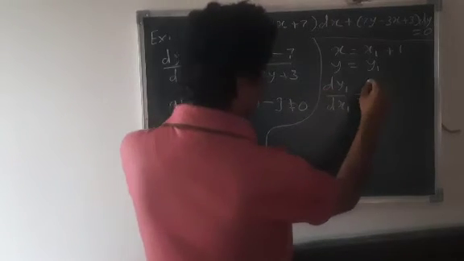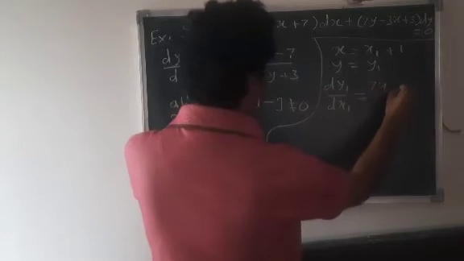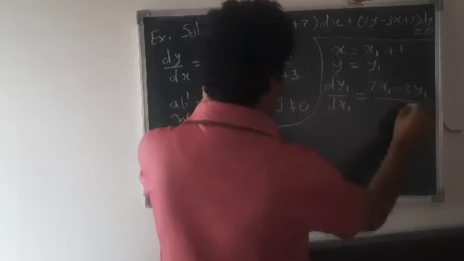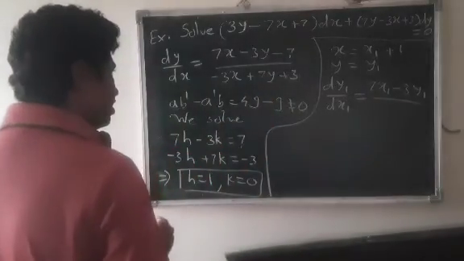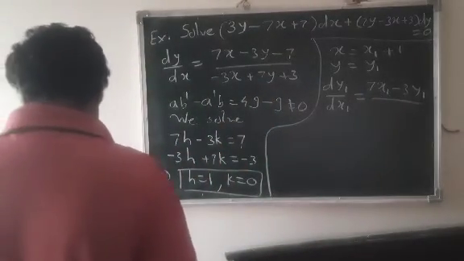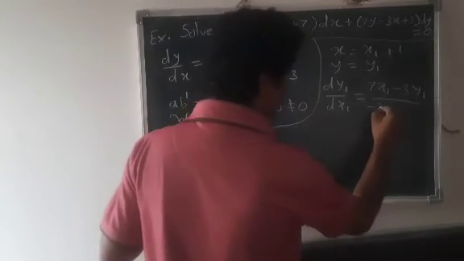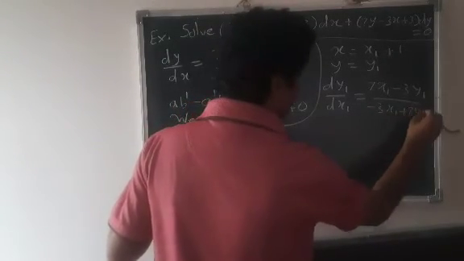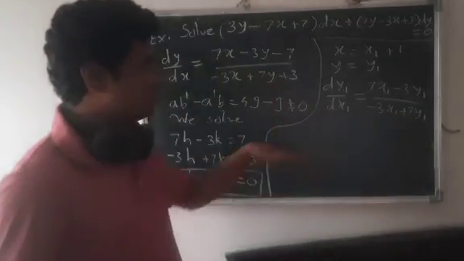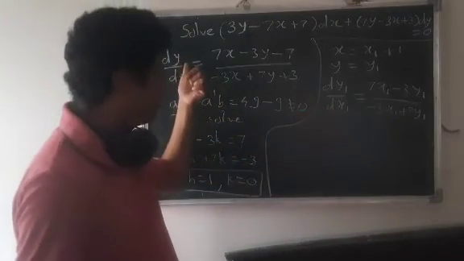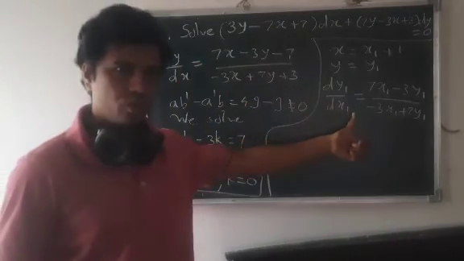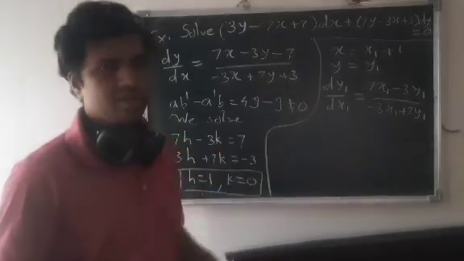So it is (7x1 minus 3y1) divided by (minus 3x1 plus 7y1). So this is the first step. We convert the given equation to a homogeneous equation.